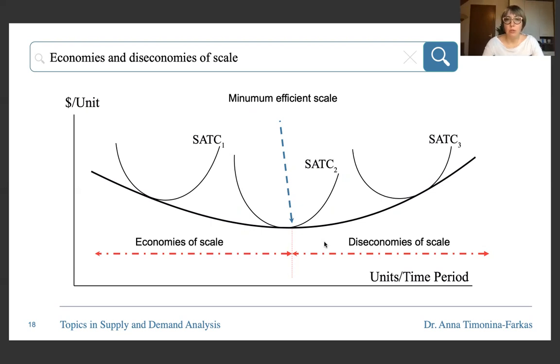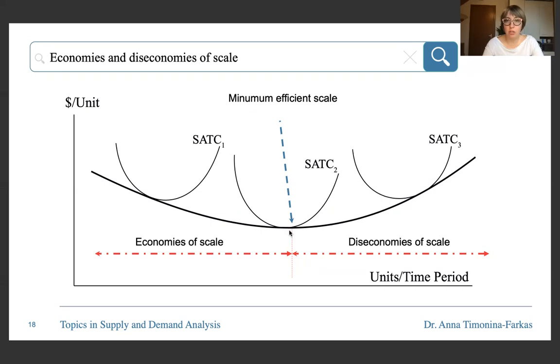Also, it is very important to remember what minimum efficient scale is. It is about perfect competition, where the company would be pushed out of the market immediately as soon as it operates inefficiently. In this case, one needs to operate at this point, the point of minimum here. Otherwise, one would be pushed out of the market.